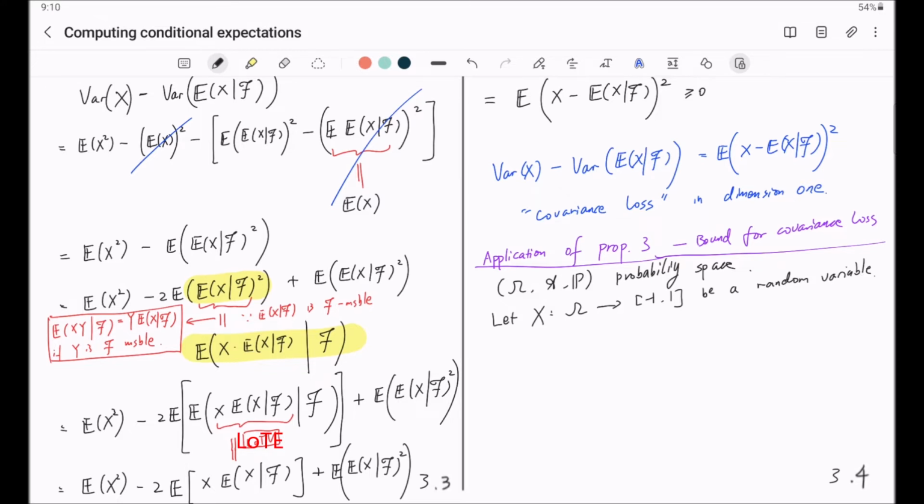What we are going to do is decompose this interval from -1 to 1 into n subintervals of length 2 over n each.